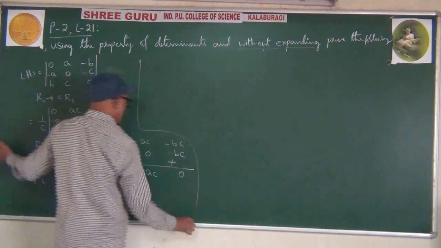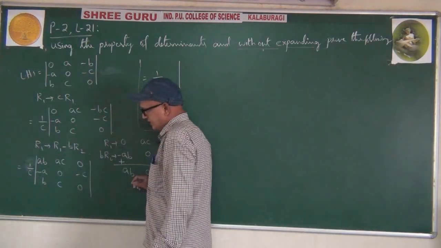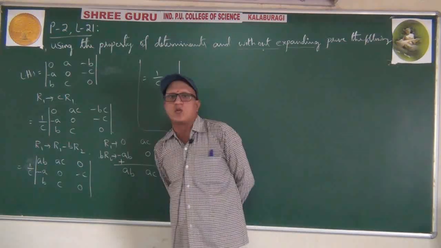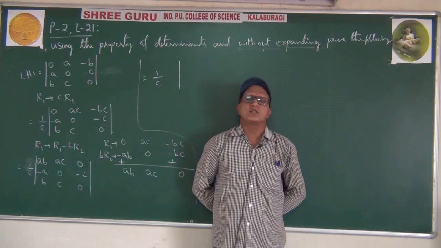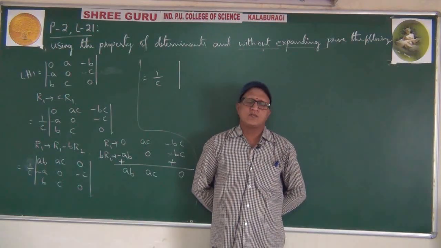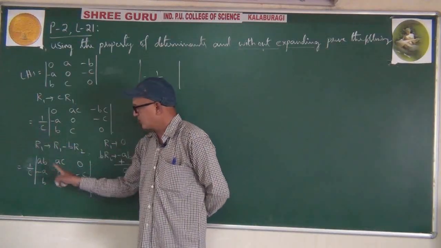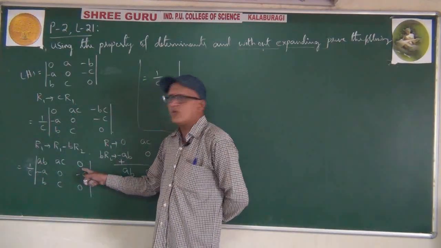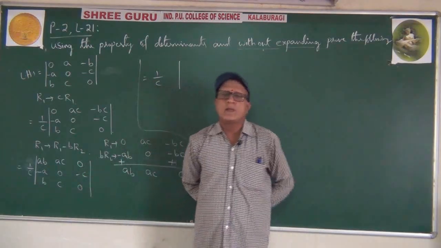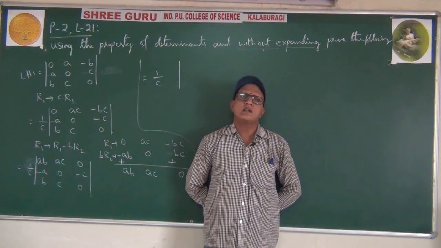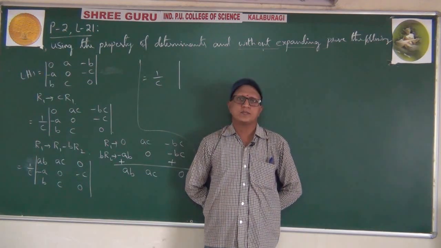Okay. Last step: equals 1 by C. We can take a common in the first row. From the first row we can take a common. a is here, goes out. 0 can be written as 0 into a, 0 as 0 into x, x goes out. 0 can be written as 0 into y, y goes out.